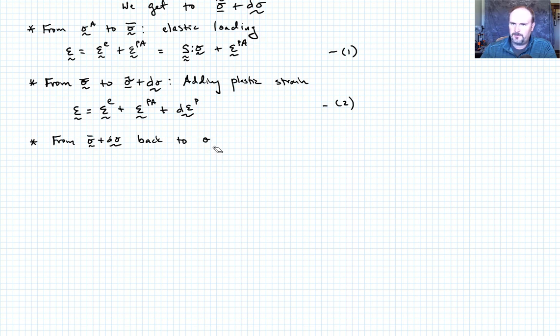I should keep my superscripts and subscripts the same. Back to sigma A. Okay, it's all elastic again. Okay, so we would go back and write that epsilon is equal to epsilon elastic plus epsilon plastic original plus d epsilon plastic.